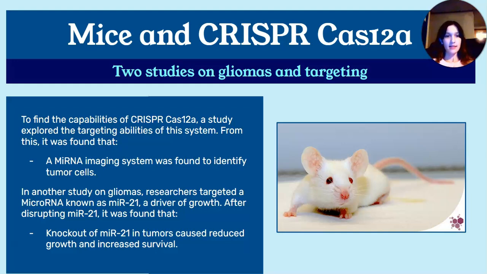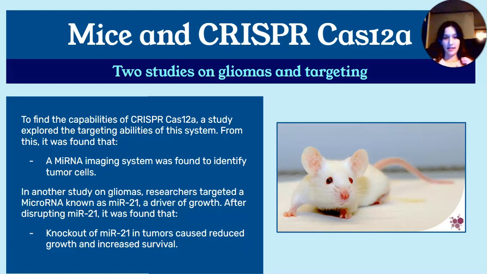In recent studies testing the capabilities of CRISPR-Cas12a, a study explored the targeting abilities of the system. From this study on mice and imaging, it was found that the microRNA imaging system can identify tumor cells in the glioma, which is a type of tumor.